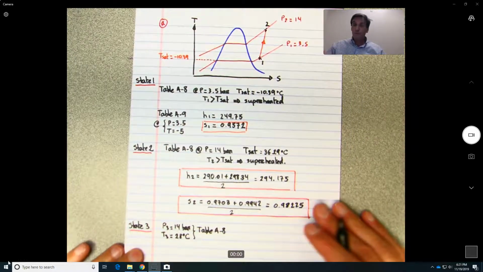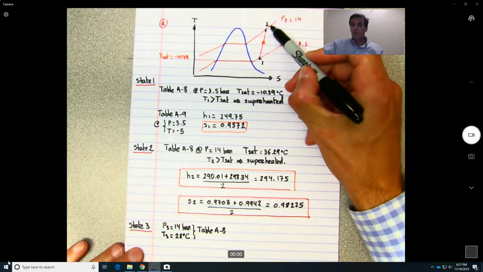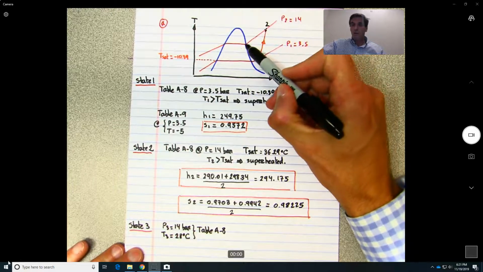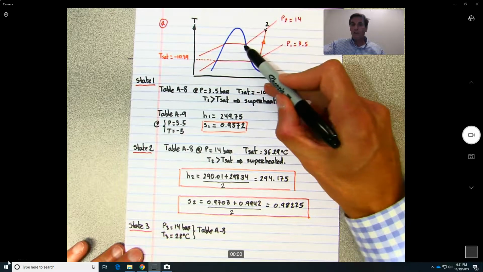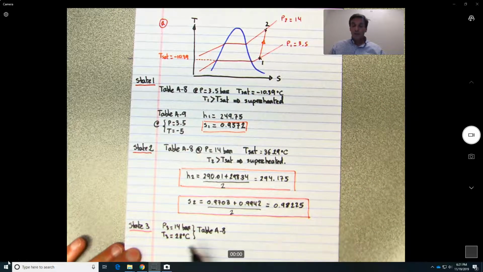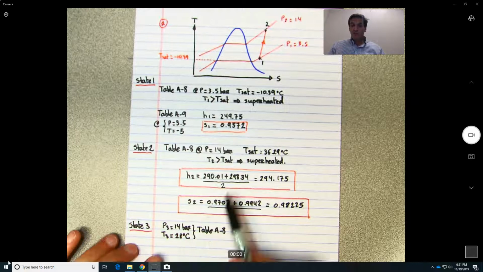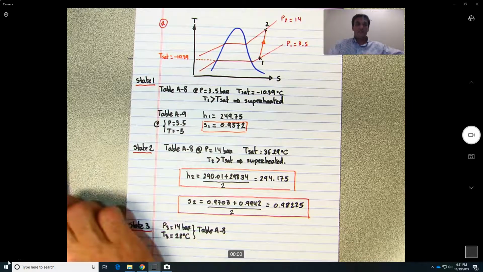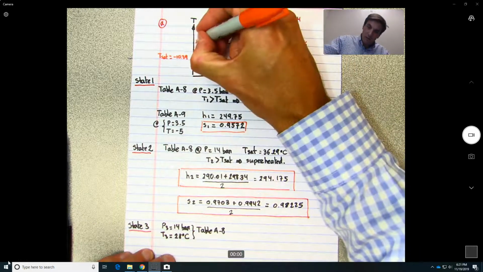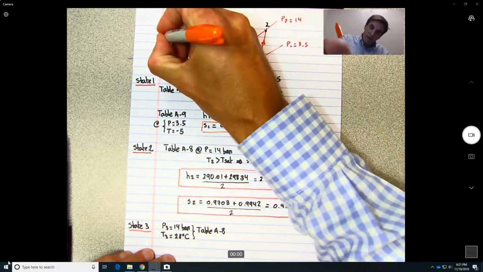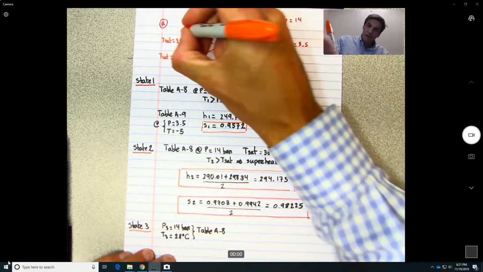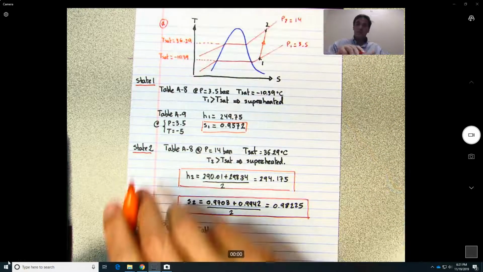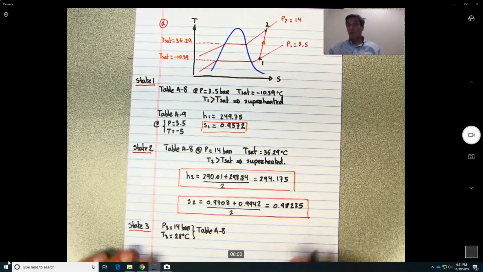What does that mean on the figure? This is the 14, so whatever happens is at constant pressure, so we're going to move along this line over here. This is 28, and the saturation at 14 was 36. T saturation is equal to 36.29. So what does that mean about point 3?